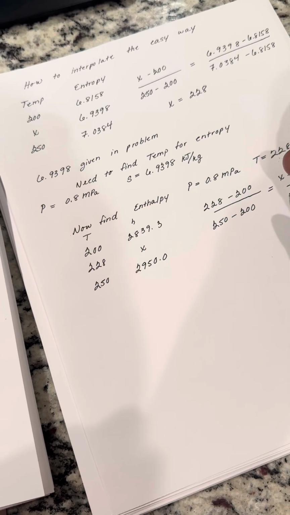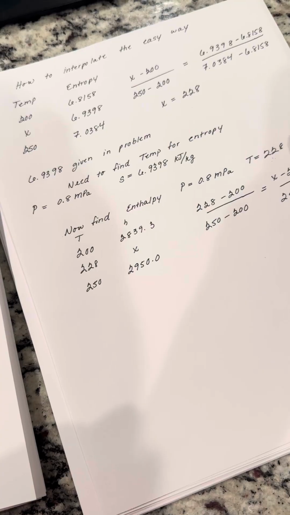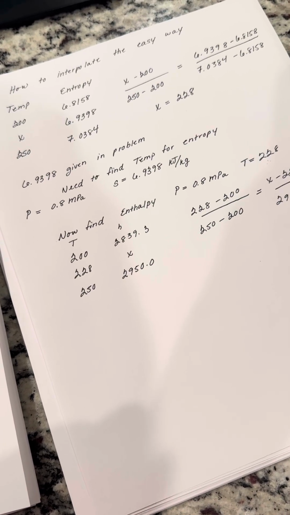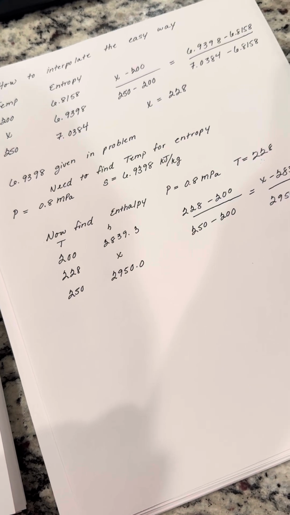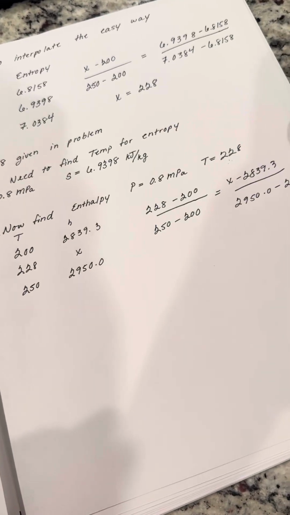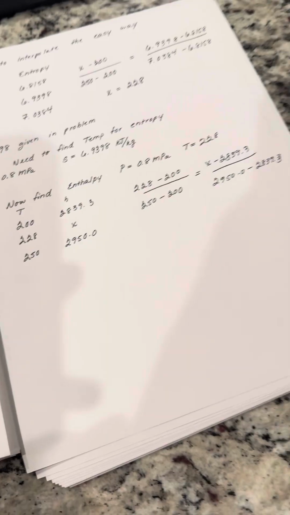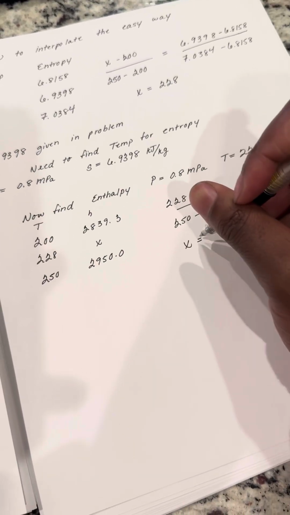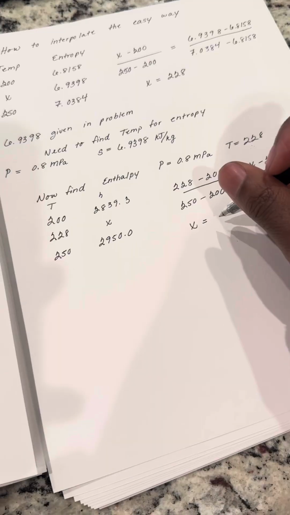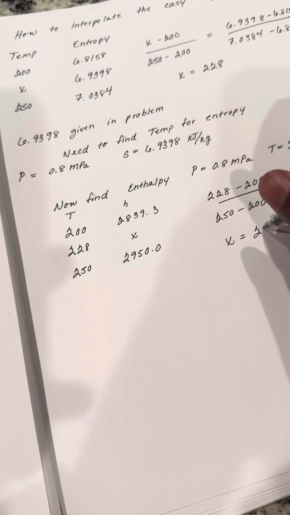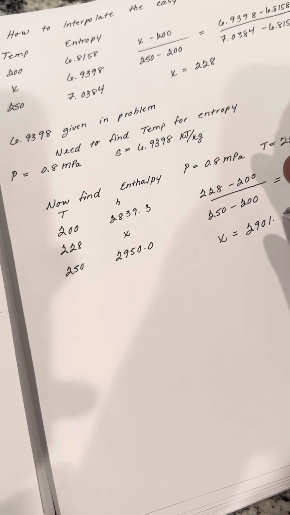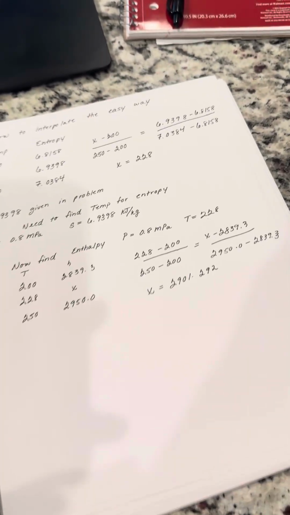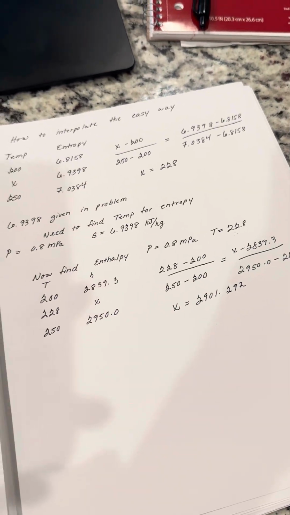And then you have 2950.0 minus 2839.3. All right. Now you just do algebra. And your answer should come to be 2901.292. All right. That's a simple way for you to interpolate.